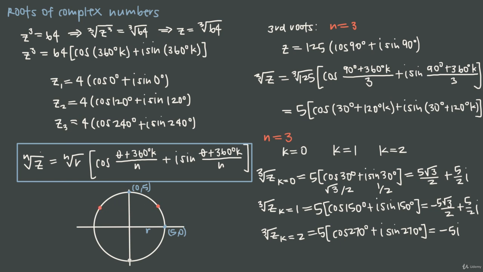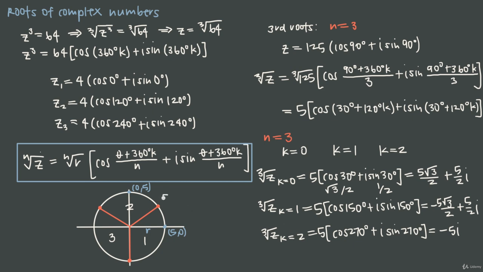This one is obvious down here, this negative 5i, which is going to be on the negative half of the imaginary axis. So if I divide this circle by connecting these points like this and like this, these are roughly 3 equal sections, section 1, section 2, section 3, and it's 3 equal sections because we have third roots.